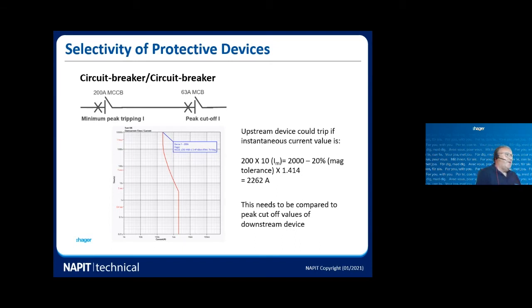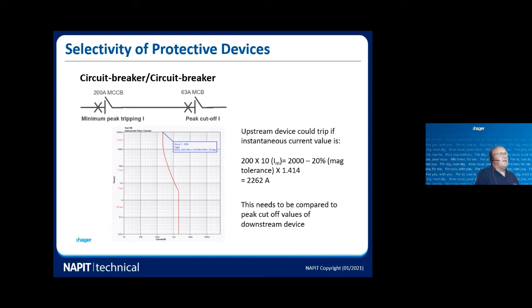So we can have a method of calculating the minimum peak tripping current of a 200 amp MCCB, and it's given in the formula shown there. If I can take you through this slowly, hopefully it will make some sense. 200 is the rating of the circuit breaker. A lot of these MCCBs, as Ian told us a little while ago, have adjustable magnetics.